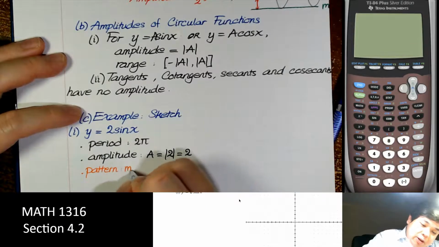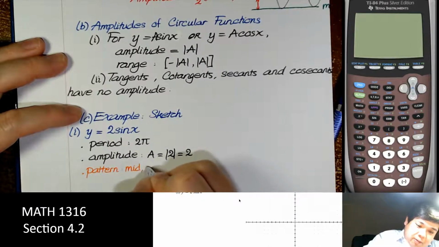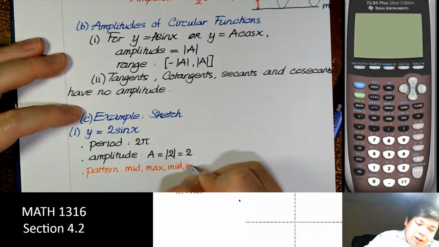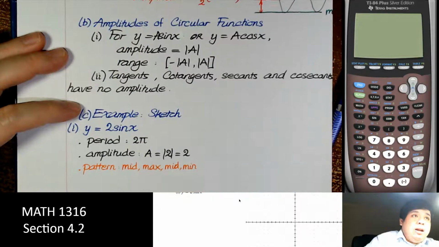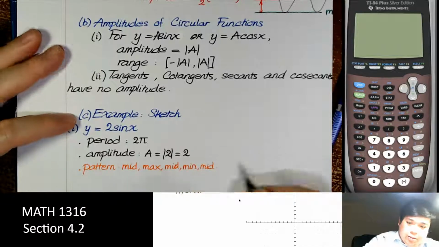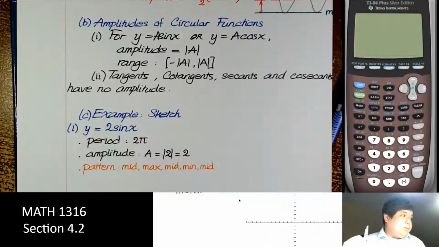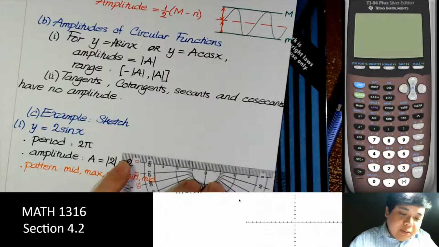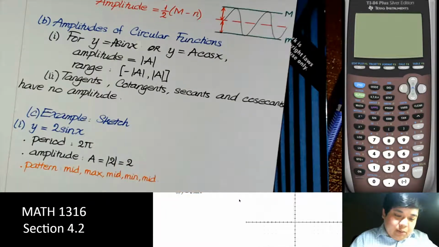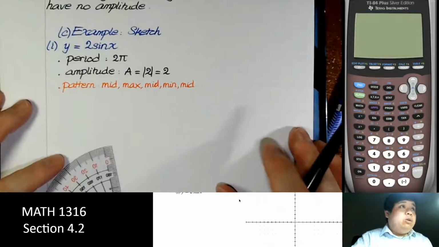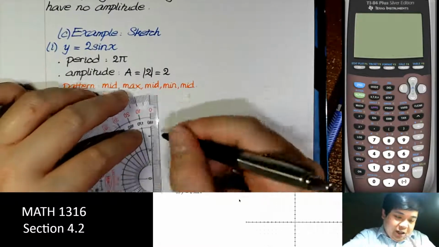So start from the middle, go to max, back to middle, min, and back to the middle. Right. I'm going to put the graph right in the middle here.